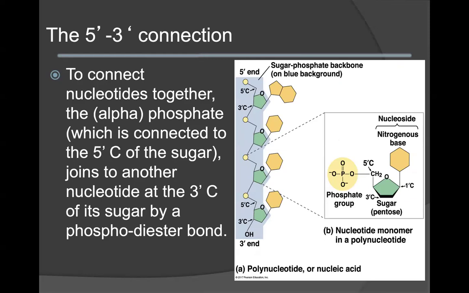It is important to note that just like we had a 1,4 or 1,2 glycosidic linkage, and we also had an N-terminus or C-terminus of a protein, when we're dealing with nucleic acids, we can have a 5' end or a 3' end. These ends are going to refer to which carbon is exposed at that particular end of the strand.